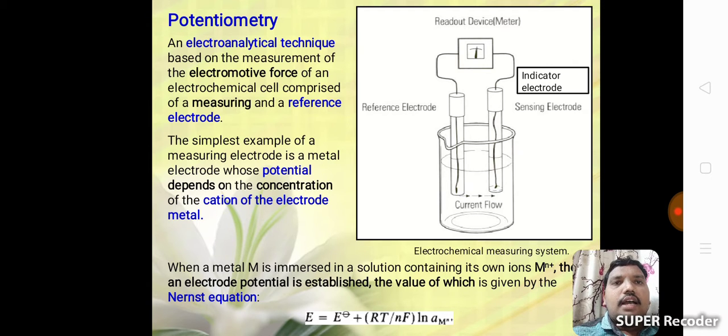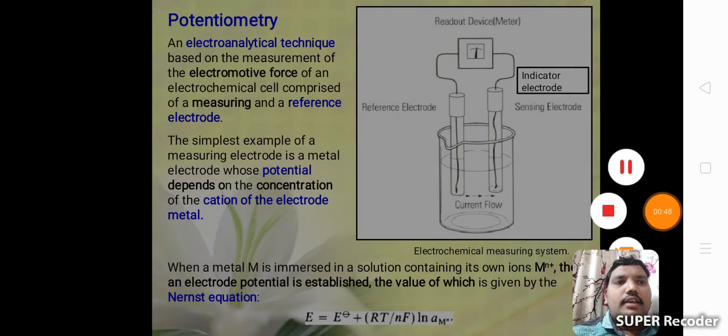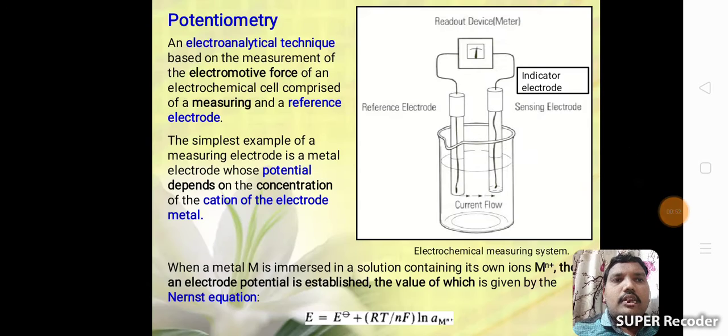comprised of a measuring and a reference electrode. The simplest example of a measuring electrode is a metal electrode whose potential depends on the concentration of the cation of the electrode metal.